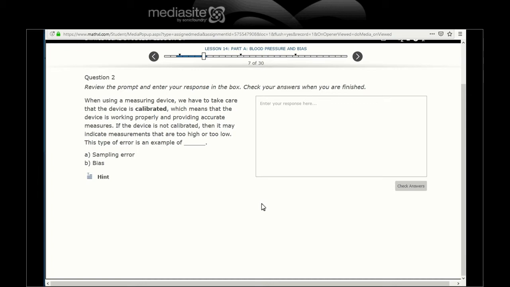If not calibrated, it may indicate measurements that are consistently too high or too low. If we're consistently getting our samples too high or too low, that's putting in an offset. Offset is also known as bias.